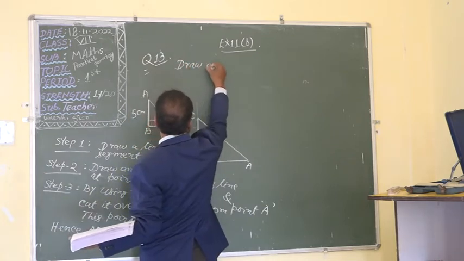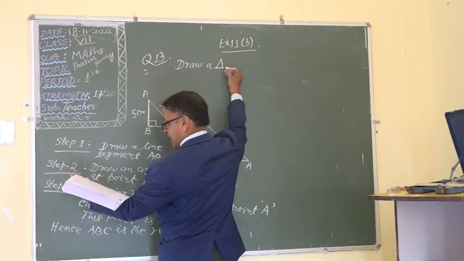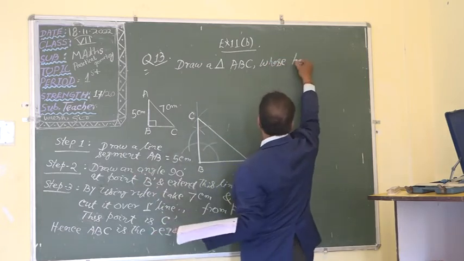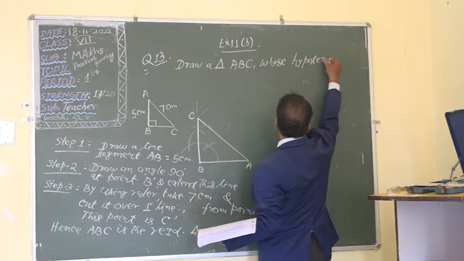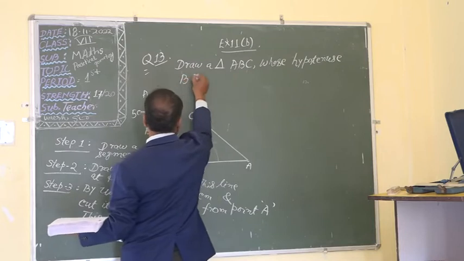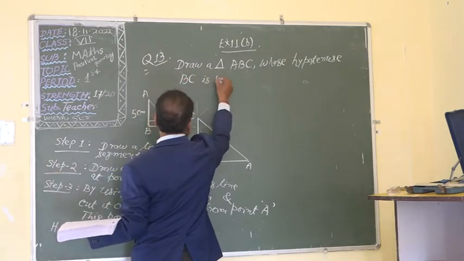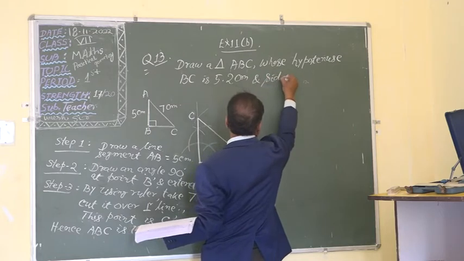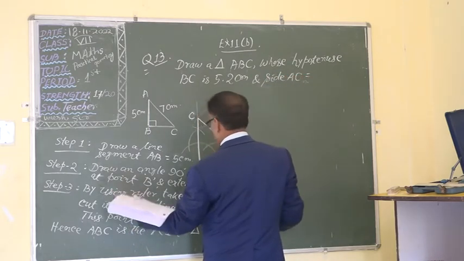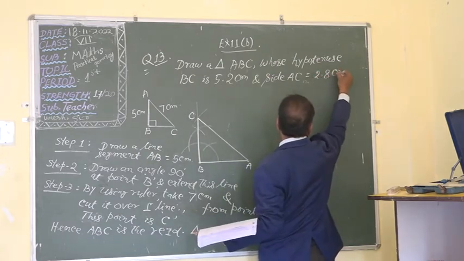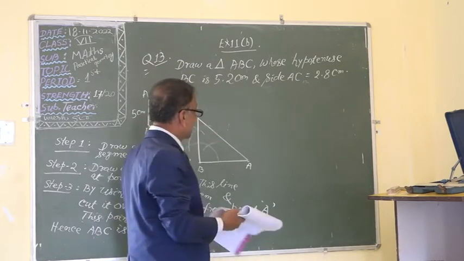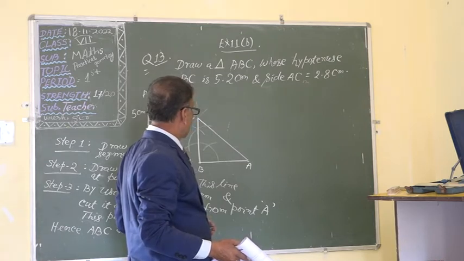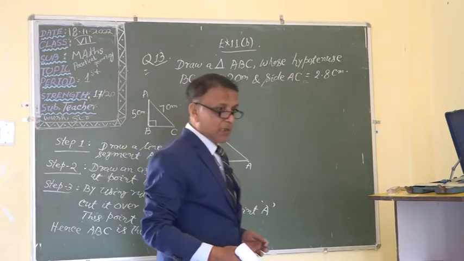Draw a triangle ABC whose hypotenuse BC is 5.2 centimeter and side AC is equal to 2.8 centimeter. This is the question given.